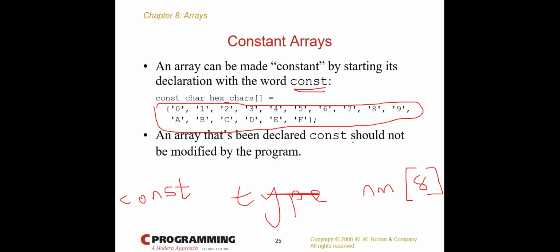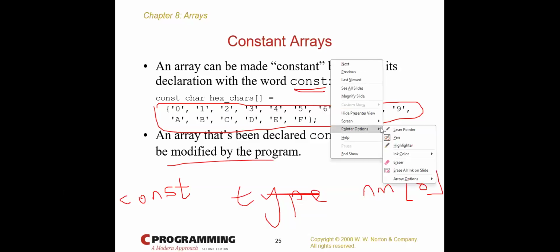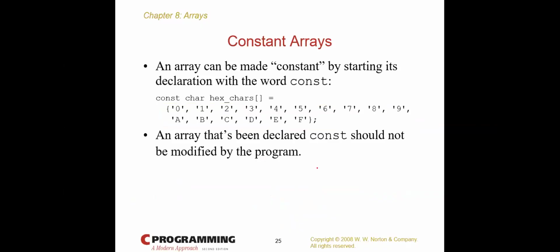An array that has been declared const should not be modified by the program. This is important. If you have defined an array as constant, it means automatically you must initialize the values right from the beginning. It is a constant. You must not change it again. So for this kind of array, you must not have this kind of expression.